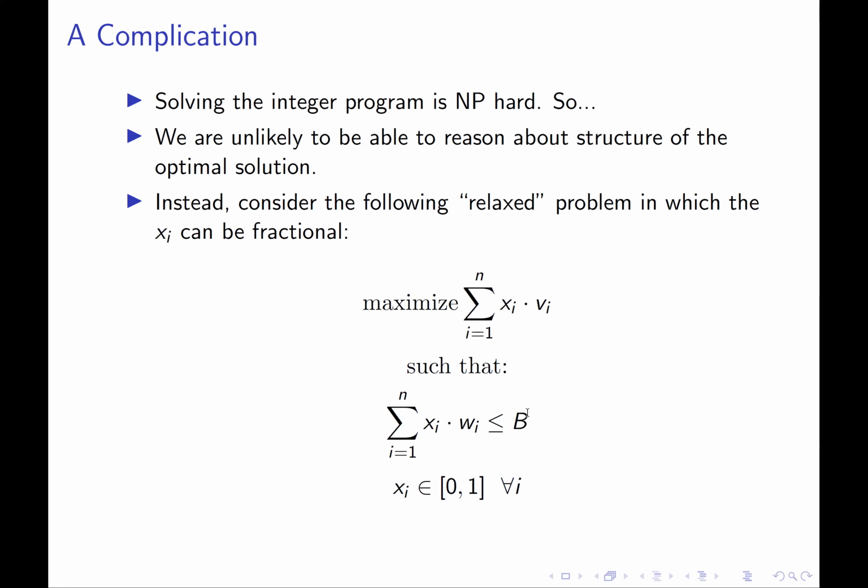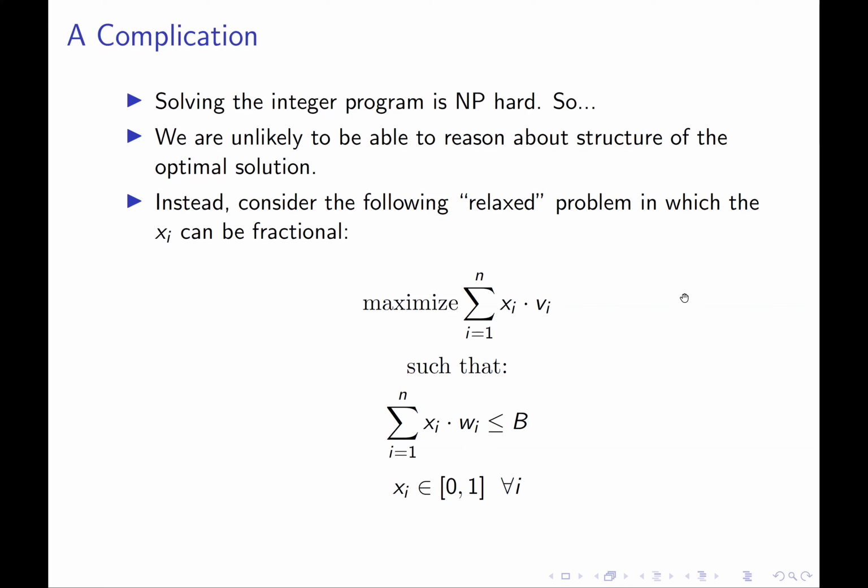And note that it is exactly the same as the integer linear program on the last slide, with one difference. The xi's no longer have to take values either 0 or 1. They can take any real value between 0 and 1. That's the only difference.